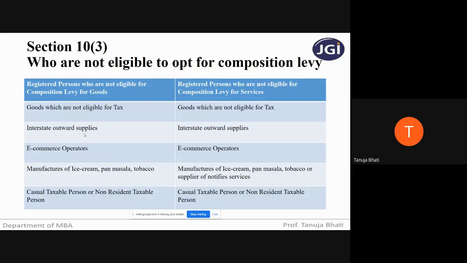But any supplier who is procuring goods from outside the state and selling it within the state can opt for composition levy. So that option is open at the point of receipt. It is okay if they do interstate transactions on the purchase side, but on the sales side they shouldn't have interstate outward supplies.